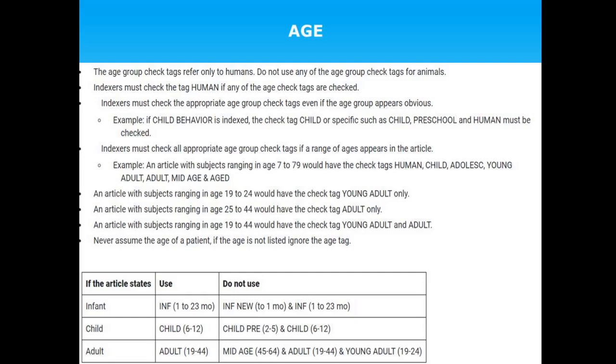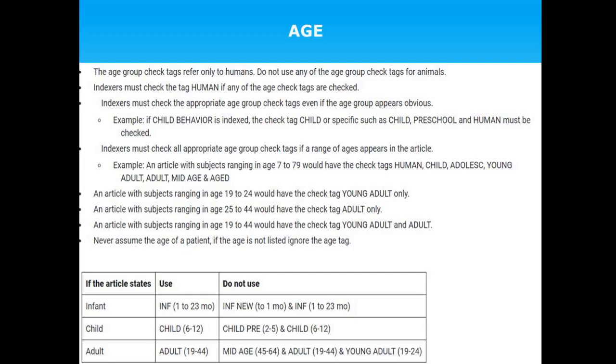For example, an article with subjects ranging in age from 7 to 17 includes all kinds of human beings: child, preschool child, adult, young adult, and aged adult. Every stage of human growth is there. So in that case you have to include all the check tags: human, which is the common check tag, then child, adolescent, young adult, middle-aged and aged. Everything appropriate should be included. This is the common criterion you should follow.